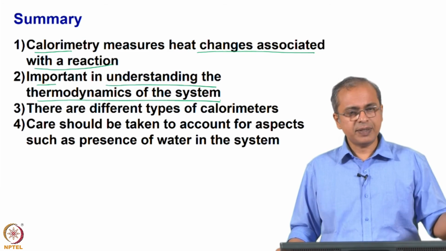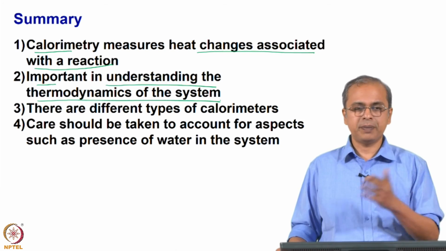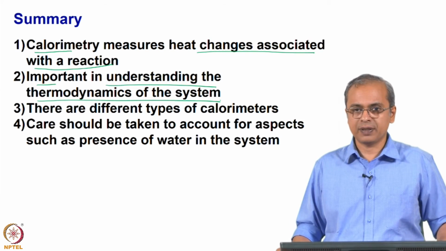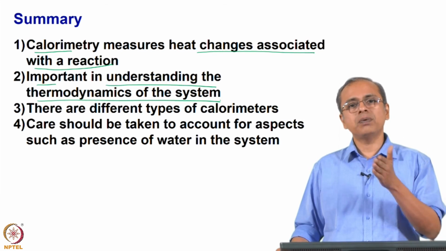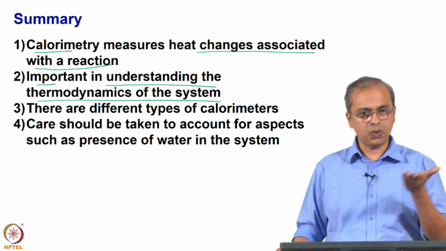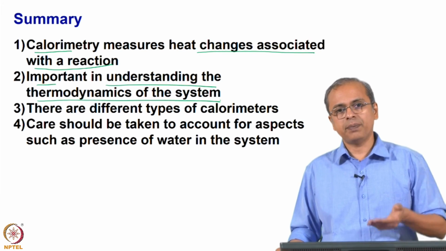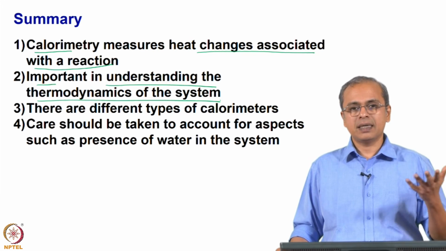You can run the same experiment, to the extent that it is safe to do those experiments, in these different types of calorimeters, and you will get answers; at least the trend will be the same. If it is an exothermic reaction, you are going to measure an increase in temperature. If it is an endothermic reaction, you are going to see a drop in temperature, and so on.